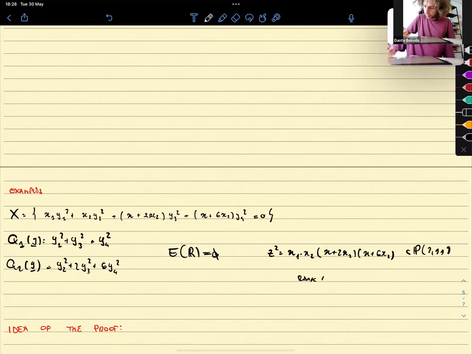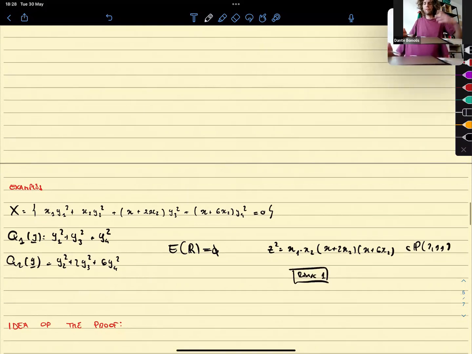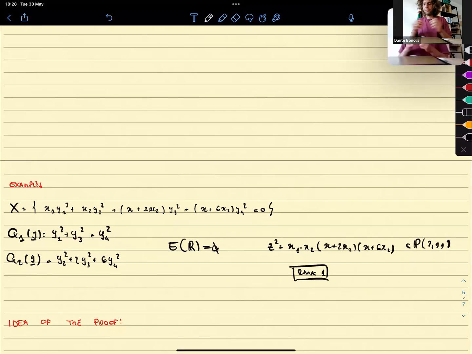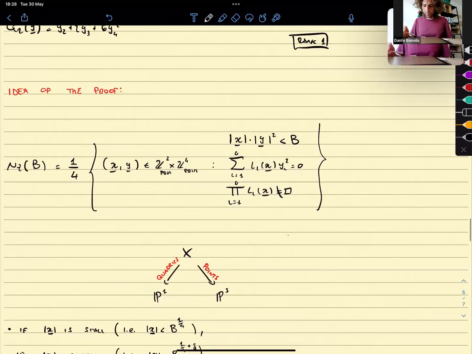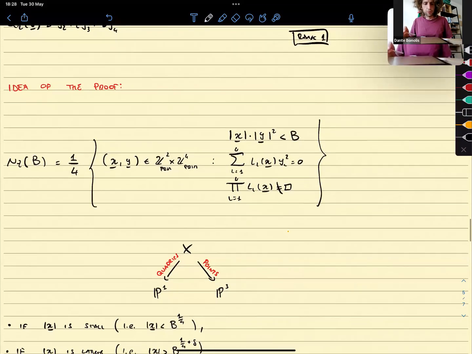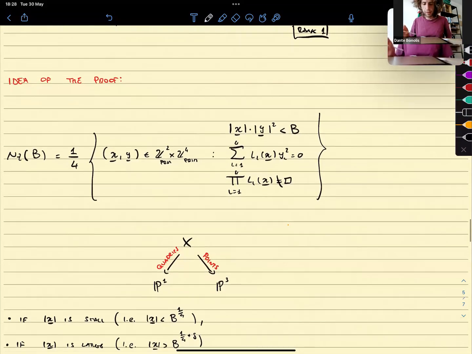So it means that we need to remove infinitely many points in P1 such that their inverse image is a split curve. Okay, so here I want to give you now a sketch of the proof.